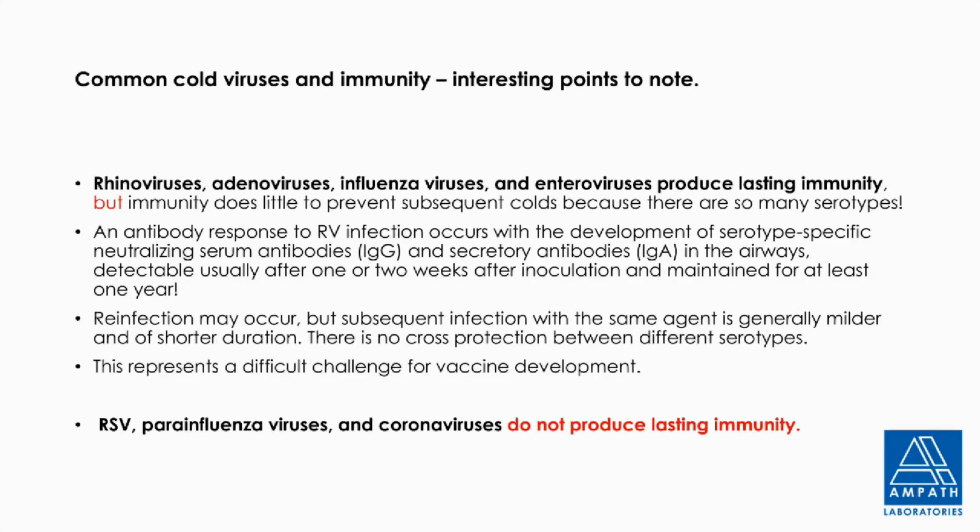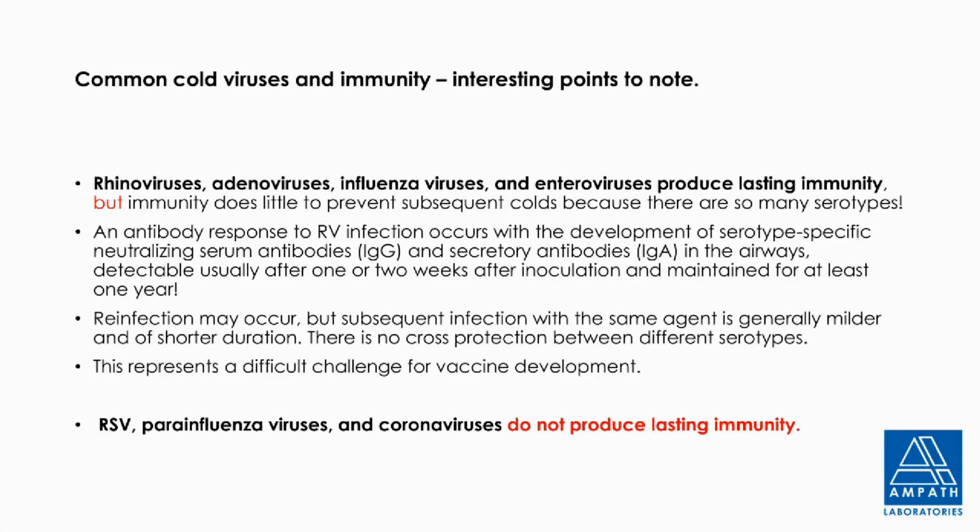So the antibody response to your rhinovirus infection occurs with the development of serotype-specific neutralizing antibodies. And I think that's important. You want to kill off the virus, so your body produces antibodies that are going to neutralize the virus. But you also get secretory antibodies that are produced at the level of the mucosa and the airways.